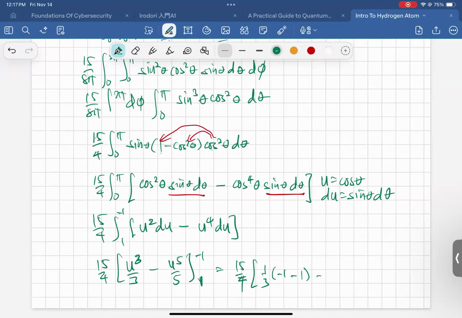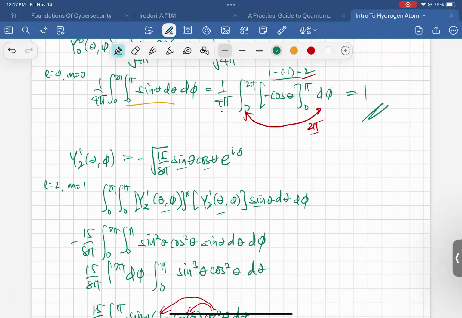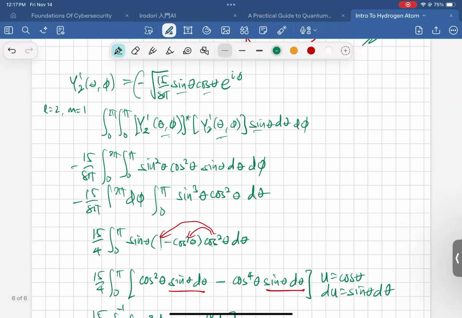Okay, minus the 1/5 times negative 1 minus 1. Okay. So, anong ibibigay sa atin ito? Ito ay negative 2. Kalimutan ko yung negative sign dito, yung may negative sign.